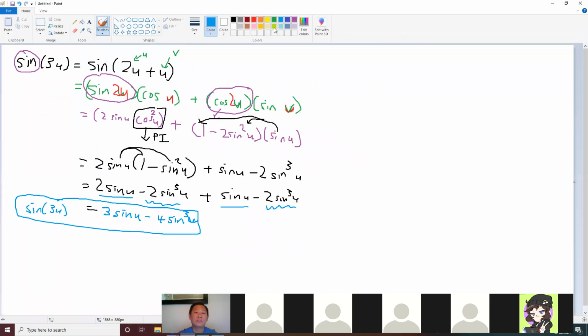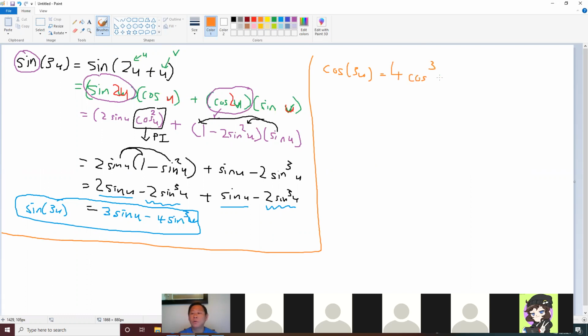So now I want you guys to write this down. I want you to prove that cosine 3u is 4 cosine cube u minus 3 cosine u.